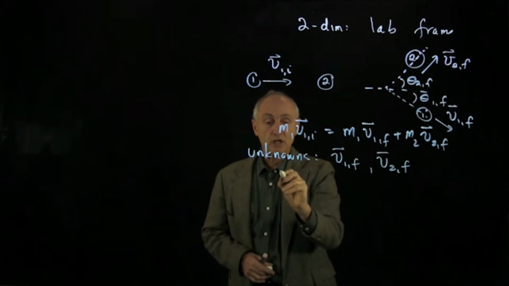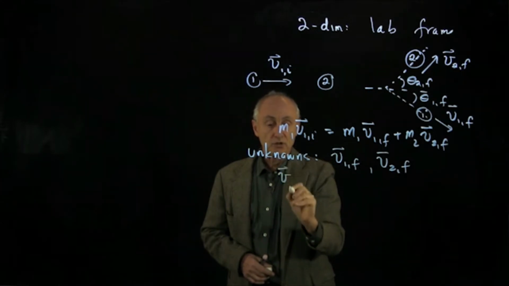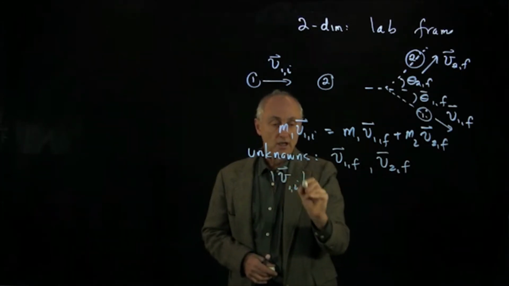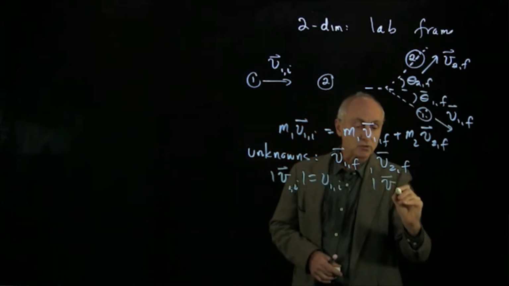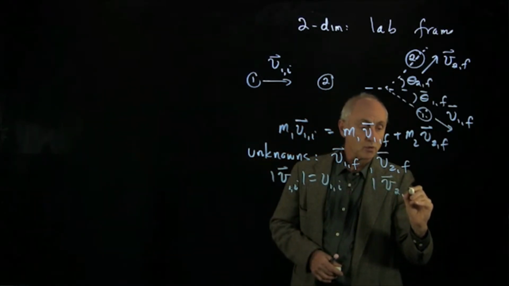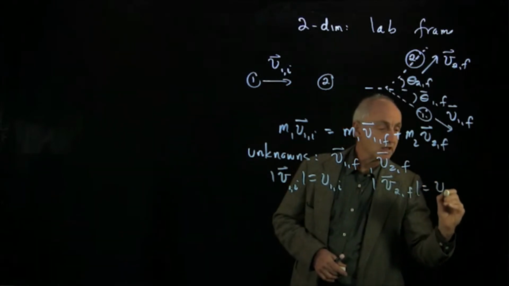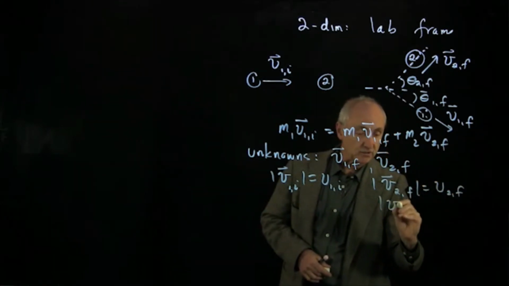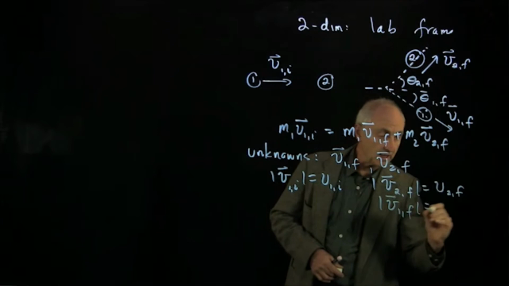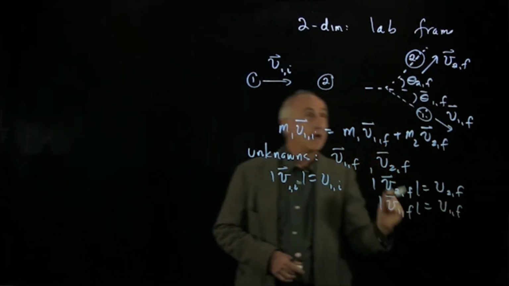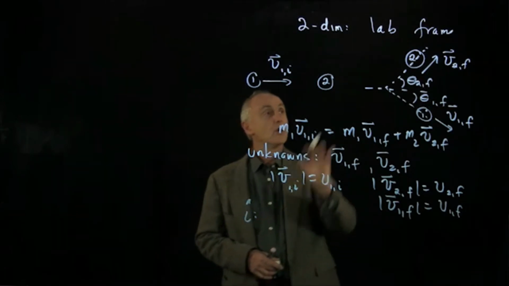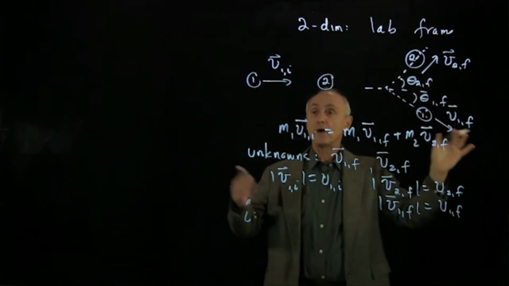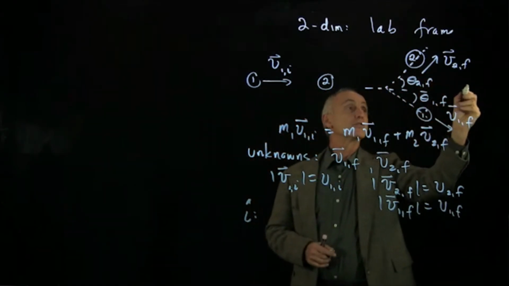So let's indicate a little notation. We'll say that the magnitude of v1 initial is v1i, and the magnitude of v2 final is v2 final, and the magnitude of v1 final is v1 final. And so now, when we look at our two momentum conditions, we also have to introduce unit vectors for directions.